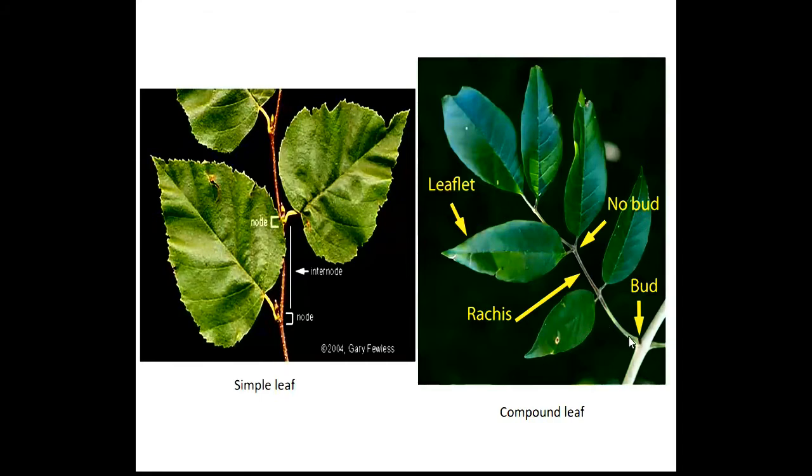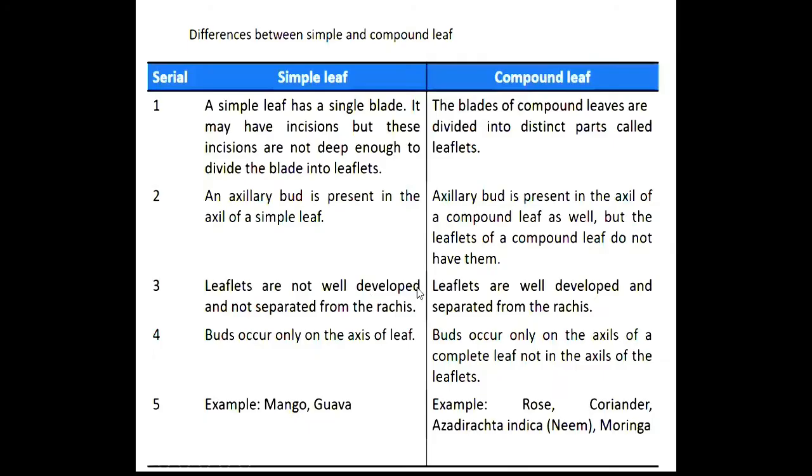This is the petiole, and these small structures are the petiolules. The bud will be present here. And the leaflets are not well developed in the simple leaf, while in a compound leaf, those are the developed leaflets.